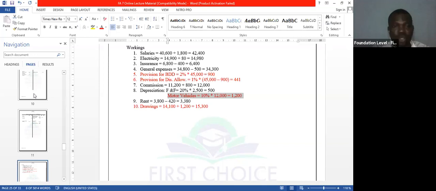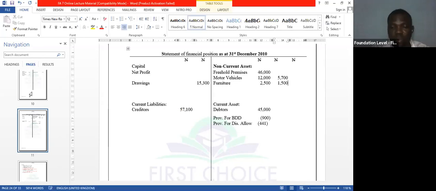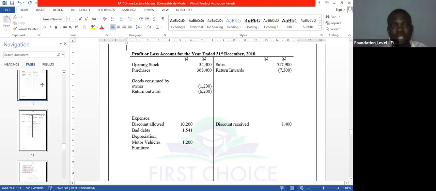Yes, we have depreciation for furniture, and that's 1,000 naira. Then the one for the year is 500. So 1,000 plus 500 gives us 1,500. Our second leg for depreciation, going to the statement of profit or loss account, will be 500.